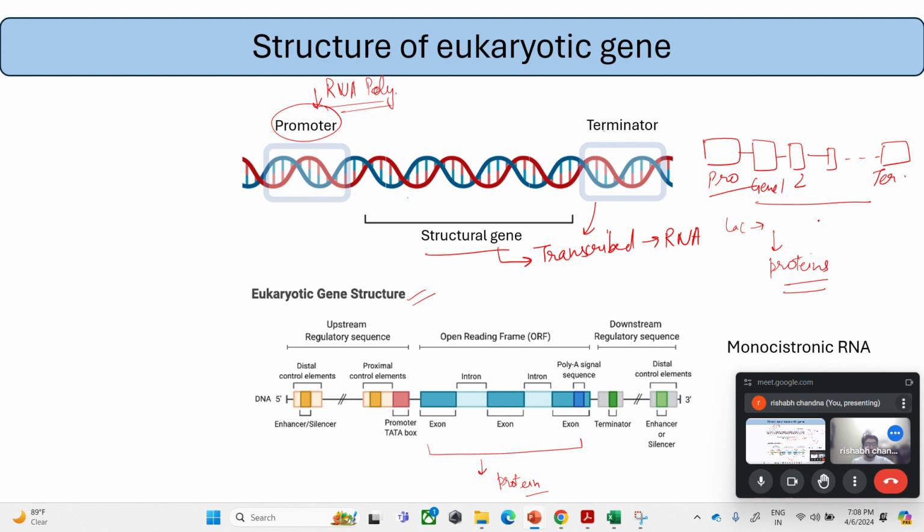That is why the mRNA formed in prokaryotes is called polycistronic, because it is formed of multiple genes. In eukaryotes, we have only a single gene linked to a promoter, so it's called a monocistronic mRNA. And the major thing in eukaryotes is that a gene has various intervening sequences.